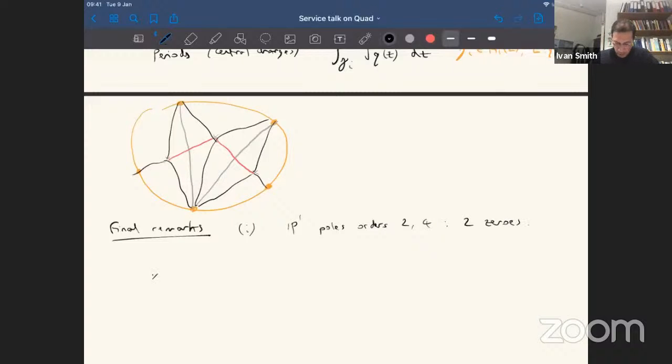And if I put the order 4 pole at infinity, then I can naturally draw 2 of these matching spheres. And now the purpose of this sign twist is to make sure that the Floer cohomology of these spheres is actually 0.